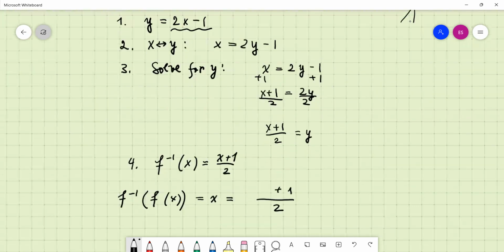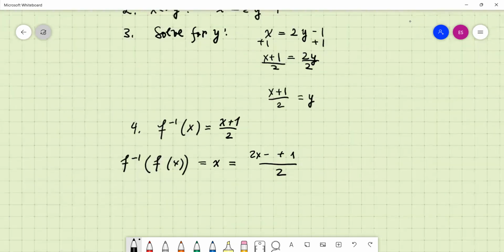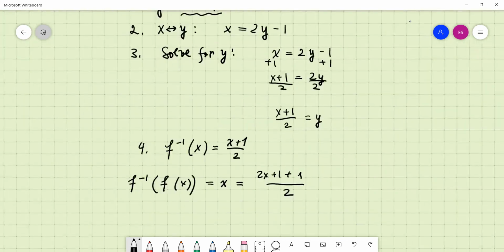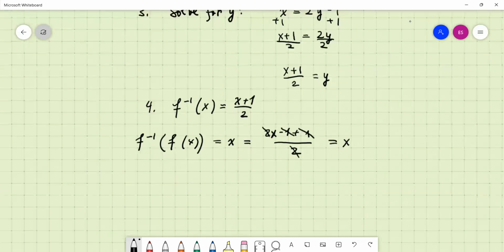So I'm going to put it here, 2x minus 1. I'm going to simplify this expression. 1 and 1 cancel, 2 and 2 cancel, and I just have x. You see that the cancellation rule is working.